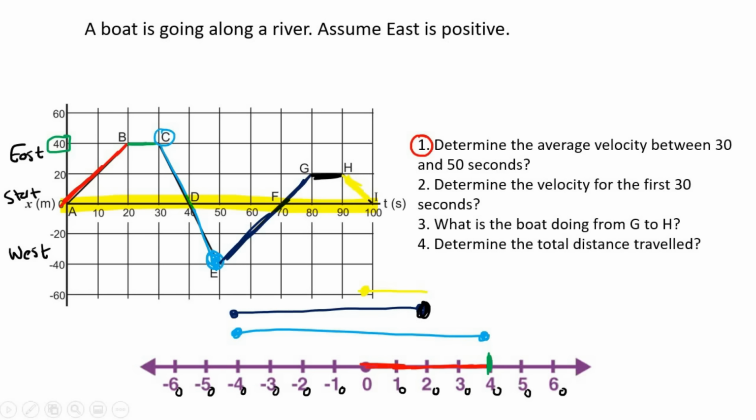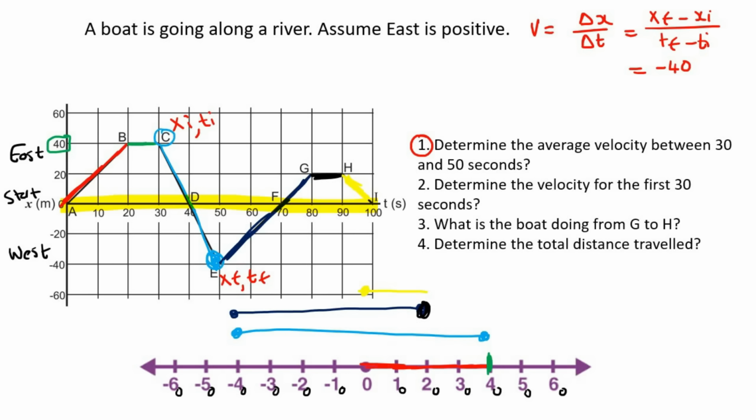With this first question, it says determine the average velocity between 30 and 50 seconds. That's between here and here. We use our velocity equation, which is change in x over change in time, final minus initial over final minus initial. It'll be negative 40 because that's point E, your final position and final time, and then your initial position and initial time.